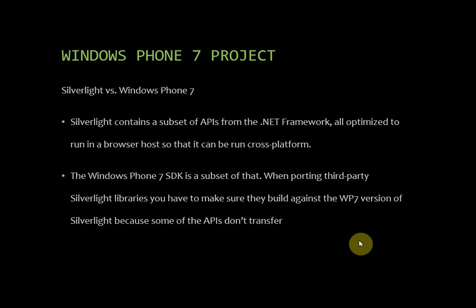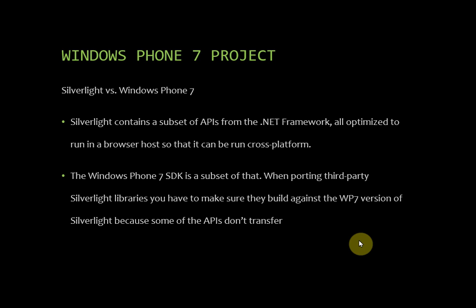One of the companies is Telerik, one more is ComponentOne, and one more company is Infragistics. These are the companies which provide control packages that can be used for Windows Presentation Foundation and also for Silverlight.